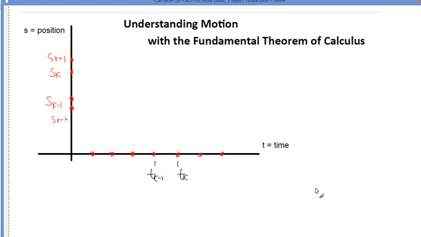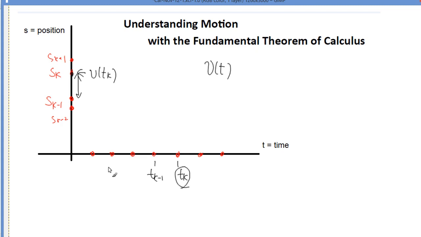Here's a physicist's idea. They like to do this approximation a lot. In that time period, it was here at s_{k-1}. It is there at s_k. Suppose you have information about the velocity at each time. How do you relate that to the position? Here, the velocity is v(t_k). If you plug in t_k, that's the velocity at that instant.